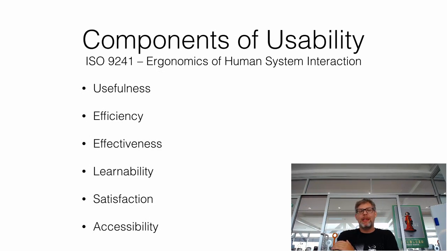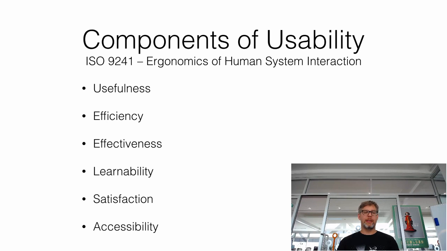So usability, there's even an ISO norm for it. ISO 9241, ergonomics of human-system interaction, and these are the components of it. This is kind of the official story.